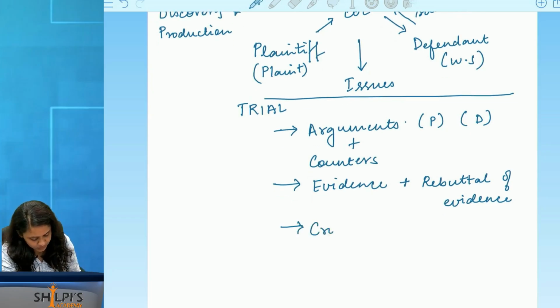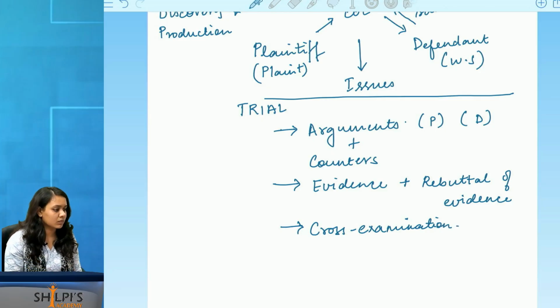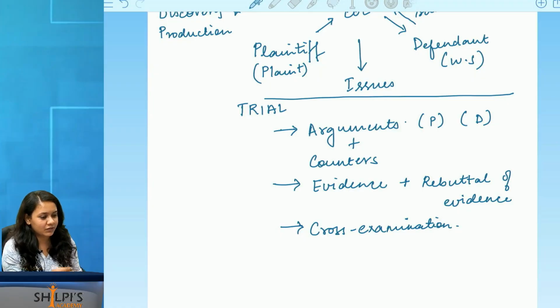There's something known as a cross-examination. Cross-examinations are fun to watch if it's a fun case. Okay, I won't call anything a fun case, but what exactly is a cross-examination is that until this point also, the plaintiff and defendant may not even be required to turn up before the court of law.